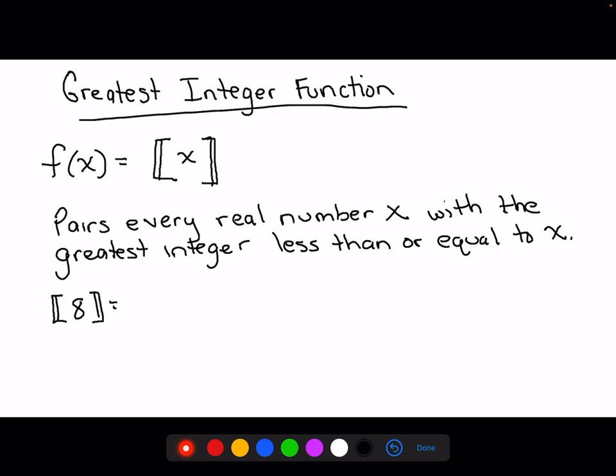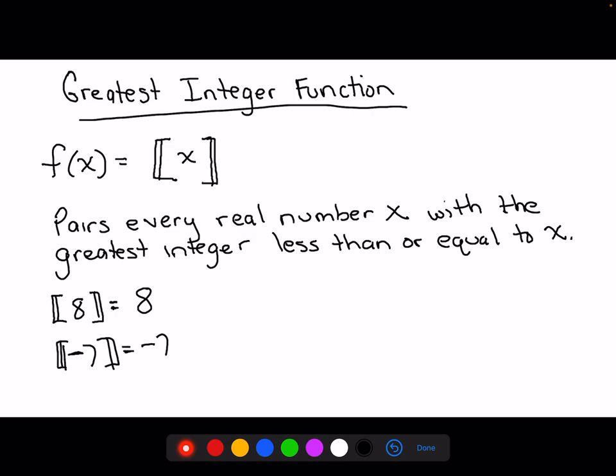So if you say, I want the greatest integer less than or equal to 8, well, that would just be 8. 8's the biggest number that's less than or equal to that. If you have a negative number in there, which is allowed, like -7, you want the greatest integer less than or equal to it, well, you can put -7 because -7 is equal to -7.